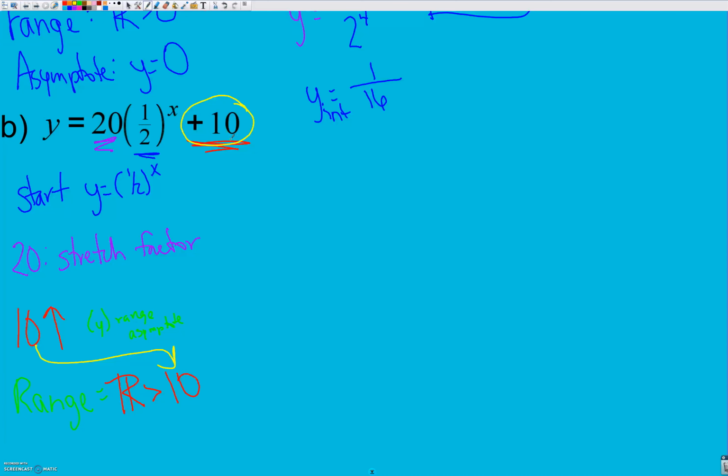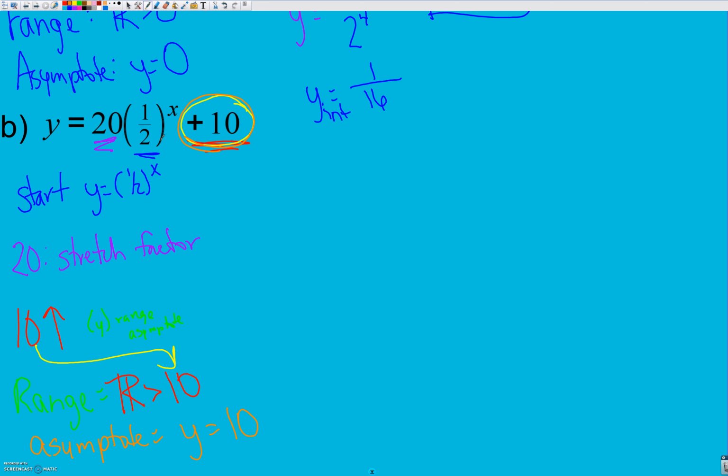Our asymptote is going to be y equals 10. Always going to be this k value. Since we shifted up 10, that shifted our asymptote, it shifted our range, it shifted everything up 10 units. It was like we just picked it up and moved it up 10.